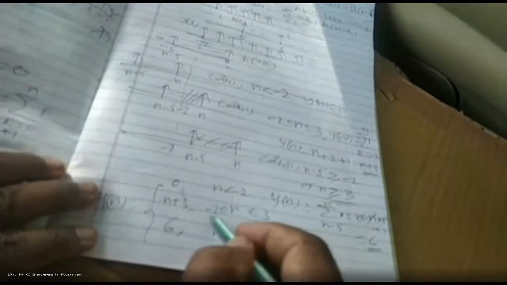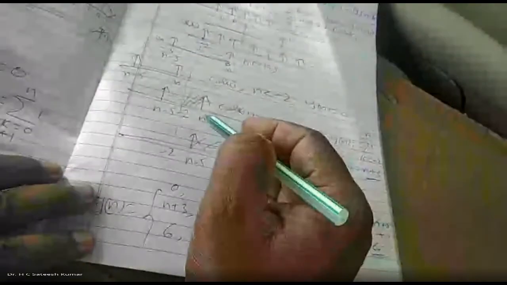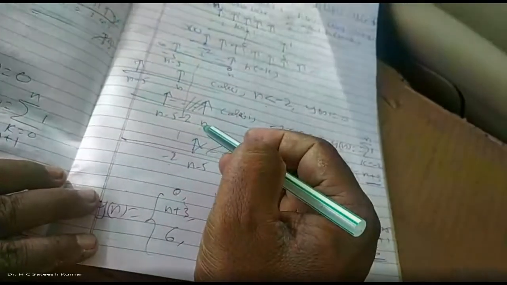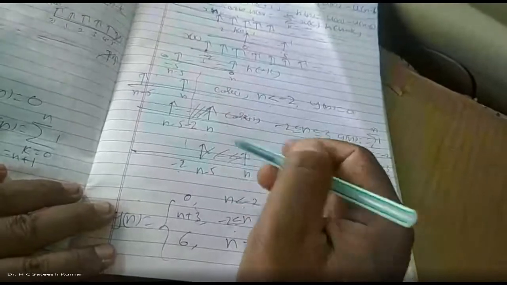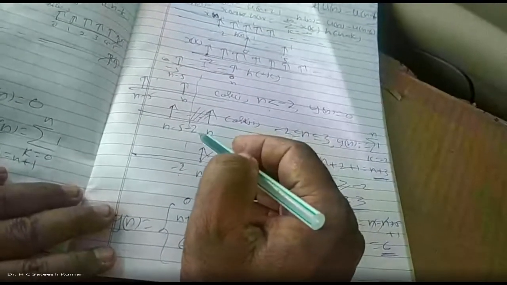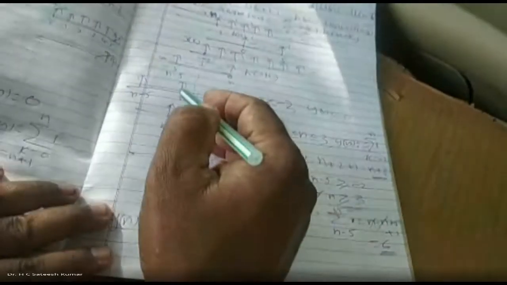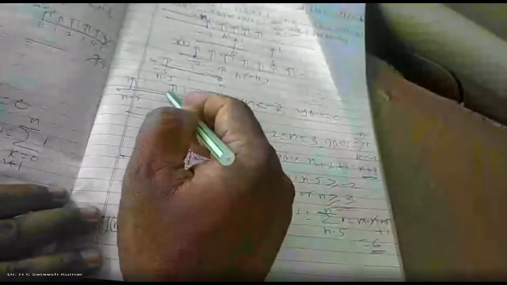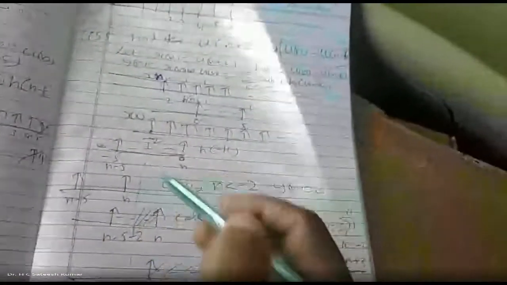N is equal to -2, its value is 1. Only one element gets overlapped. N is equal to -2 means only one element, this element, gets overlapped. 1 into 1, you will get the answer as 1.